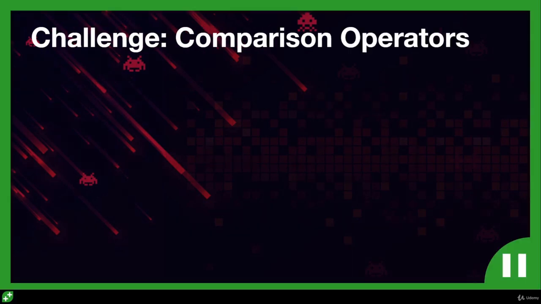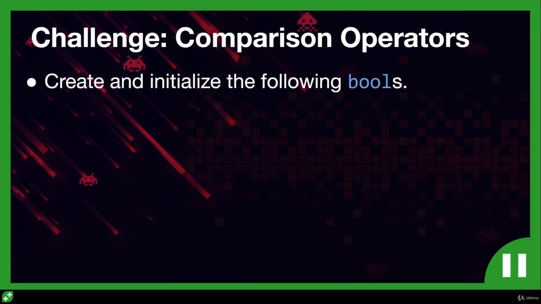So here's your challenge. I want you to create and initialize the following Boolean variables. Make a bool called equal. Use braced initialization to assign a value to it, and for the value in the braces, use the expression 4 is equal to 9 using the equal to operator.